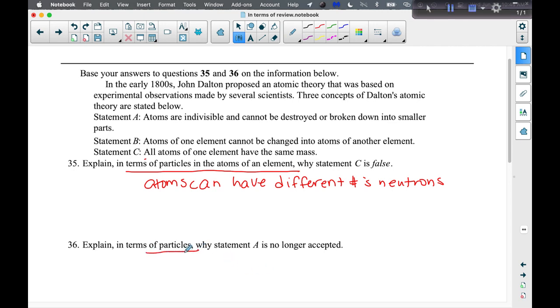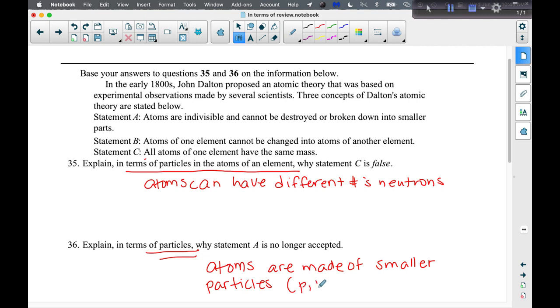And in terms of particles, why A is no longer accepted, we know that atoms are made of smaller parts. Mainly protons, neutrons, and electrons.